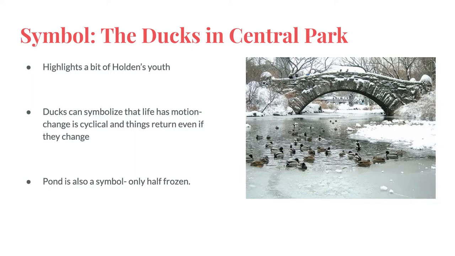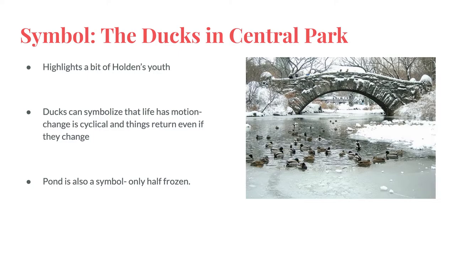So the ducks in the pond end up being a little symbolic. The ducks prove that vanishing or change is only temporary. Yes, it happens, but people come back. And Holden's terrified by the idea of change. So if the ducks vanish, if change happens, but then the ducks return every spring, maybe there's some part of change that is cyclical, that is consistent, that he can trust.